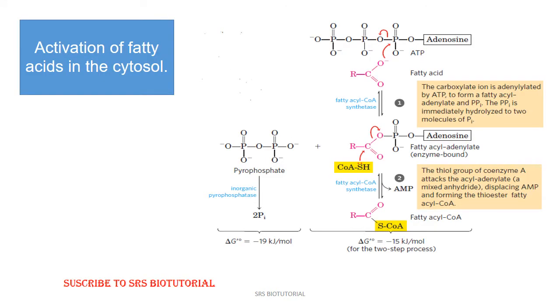Now come to the activation of fatty acid in the cytosol. This reaction is catalyzed by acyl coenzyme A synthetase, which is present on the outer mitochondrial membrane. This enzyme catalyzes the formation of a thioester link between the carboxylic group of fatty acid and the thiol group of coenzyme A to yield a fatty acyl coenzyme A. This reaction is coupled with breakdown of a molecule of ATP to AMP and pyrophosphate.